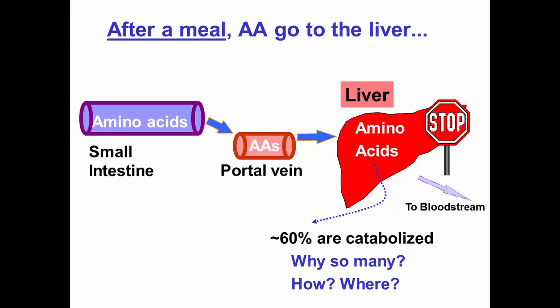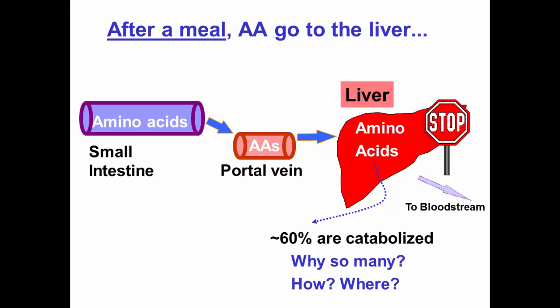And then the where is in the cells right around the portal vein. Those are called periportal hepatocytes, and we're going to hang there for a while. In the next class period, we'll talk a lot about periportal hepatocytes.